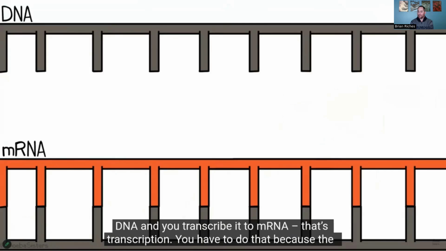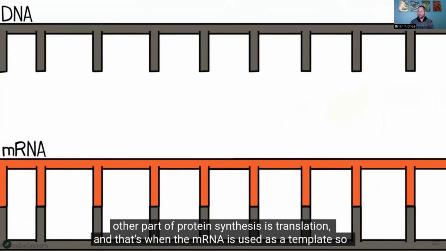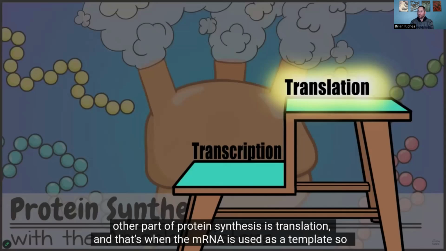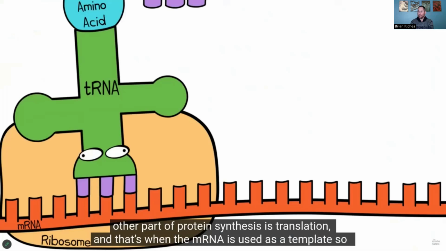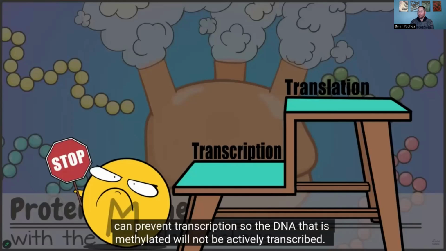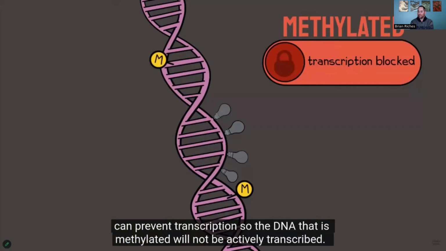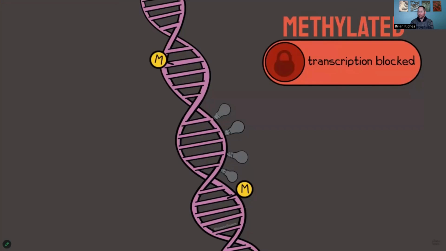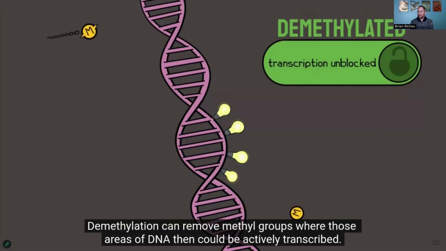You have to do that because the other part of protein synthesis is translation, and that's when the mRNA is used as a template, so the correct amino acids will be brought in to eventually make a protein. But DNA methylation can prevent transcription, so the DNA that is methylated will not be actively transcribed. Demethylation can remove methyl groups, where those areas of DNA then could be actively transcribed.